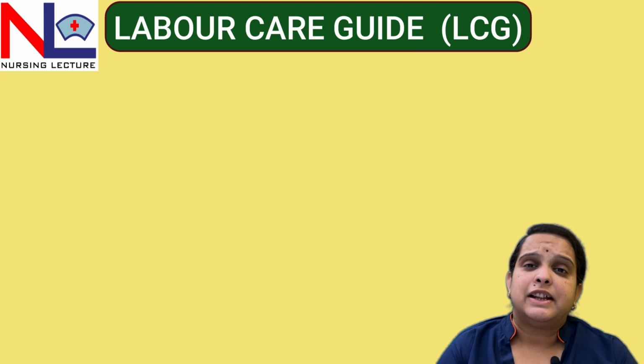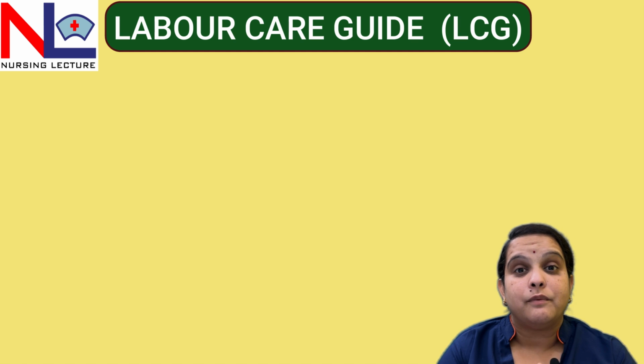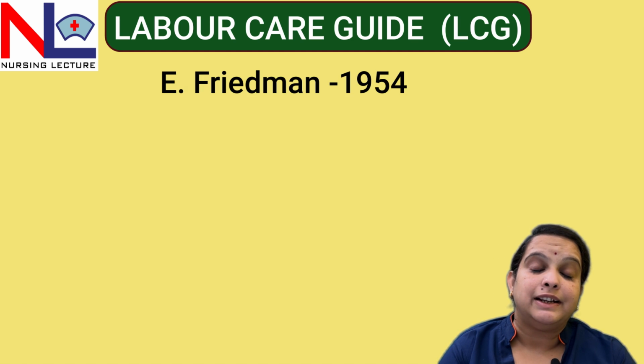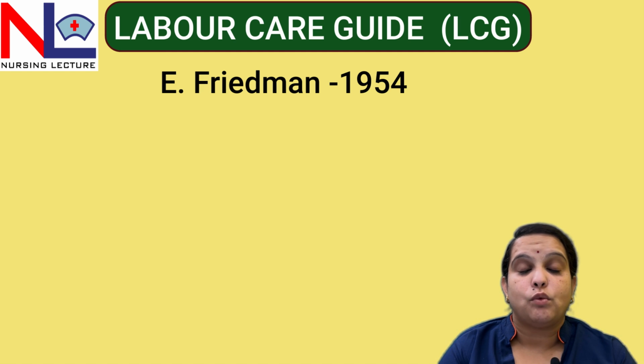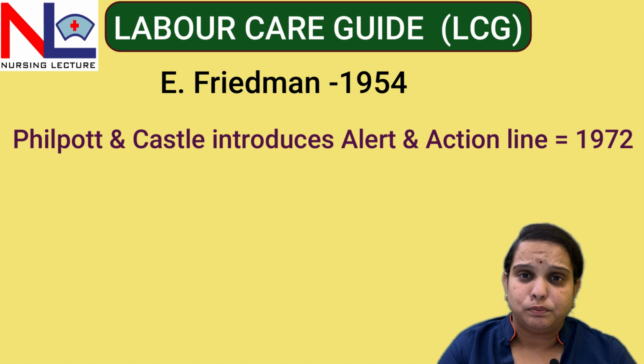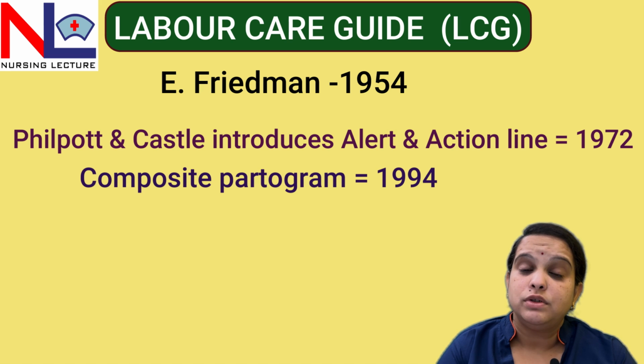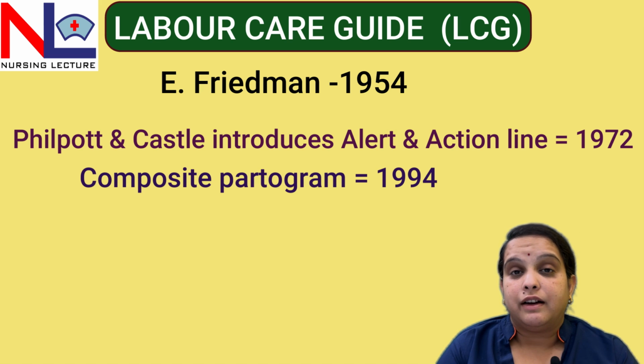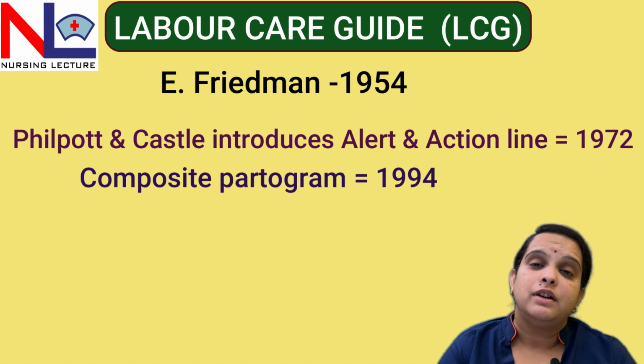As I have dealt with its different types previously, I made a video on that, what is Partogram. The Partogram was firstly devised by Friedman in 1954, and in that Partograph the action and alert line was introduced by Philpott and Castle in 1972, and later on the composite Partograph was introduced by WHO in 1994, where the latent phase was being monitored.